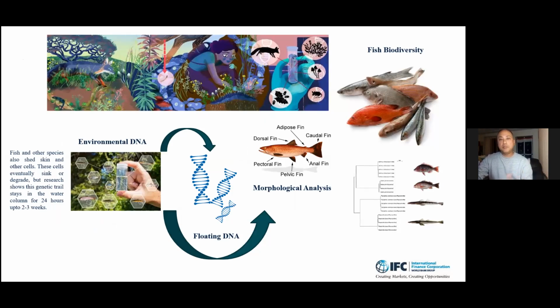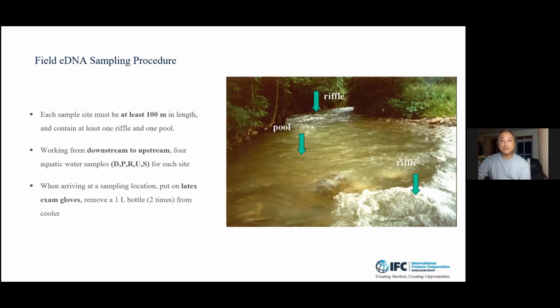I'm not going to go through this slide because it is basically what Kate has already covered. In a river, there is all this sloughed-off, shed tissue from all different animals. If you collect those cells and tissues and get the DNA, you can identify what the DNA is coming from, and therefore identify a species. As far as eDNA goes, it's not simply going out to a river and collecting samples.